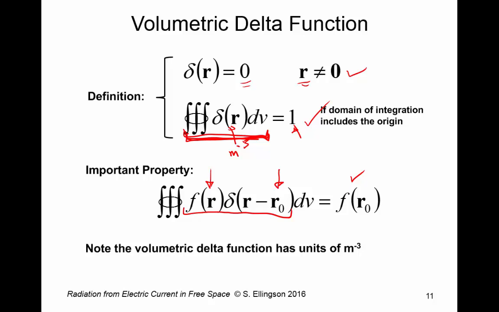The way you know that is because if you take some quantity that has units of inverse meters cubed and integrate it over a volume, that contributes units of meters cubed, and that gives you a dimensionless quantity. So just dimensional analysis tells us that this must be true. This is a useful thing to keep in mind. It reduces the chance of making a mistake when you set up current distributions later on.